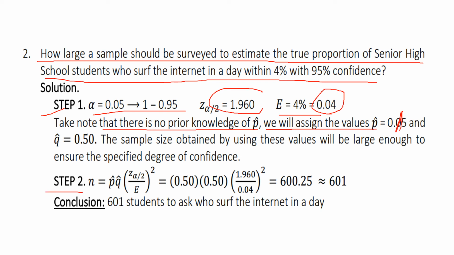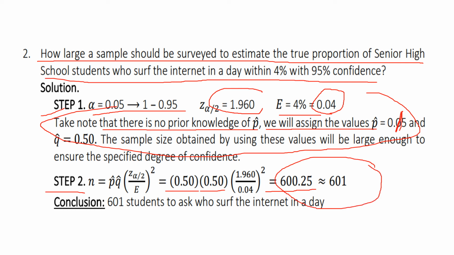So for step number 2, we need to substitute the given values from step number 1. So that will be n is equal to p hat q hat multiplied by z sub alpha over 2 over E square, or equal to 0.5 multiplied by 0.5 because your p hat is equal to your q hat, multiplied by 1.96 over 0.04 square, is equal to 600.25.